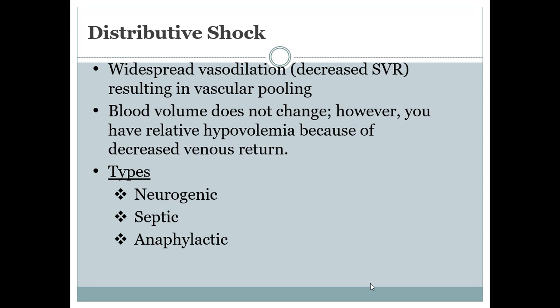All right, distributive shock. It's caused by disease states that cause poor vascular tone and vasodilation, resulting in increased vascular capacity and venous pooling. So we have widespread vasodilation causing decreased systemic venous return, resulting in vascular pooling. The blood volume doesn't change, but you'll have relative hypovolemia because of that decreased venous return. There are three types.